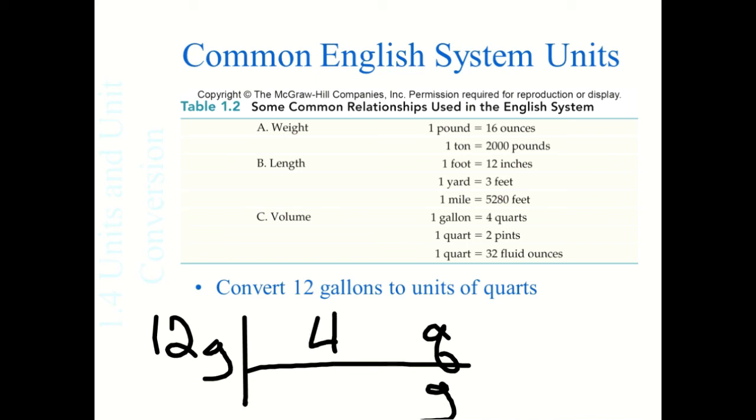So what number goes on the top? Good. What number goes on the bottom? 12 times 4. That's how many quarts are in a gallon. And I would divide by that 1. So, what is it? 48 quarts.